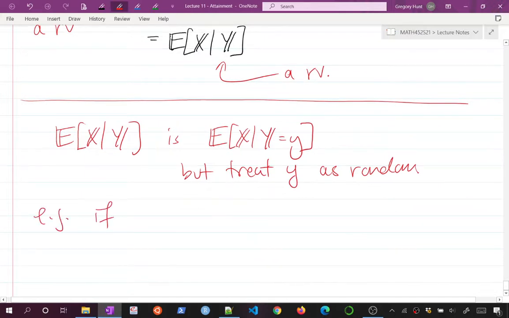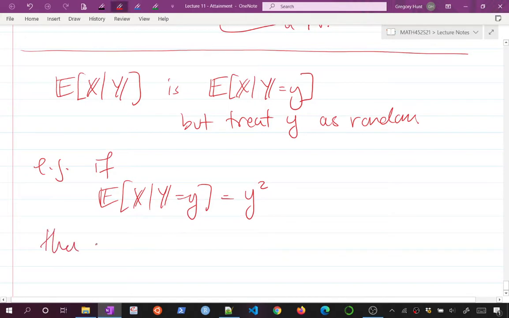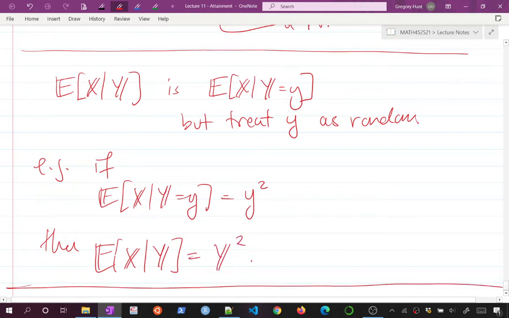E.g., if expected value of X given Y is little y is y squared, then expected value of X given capital Y is capital Y squared. That's all it is, but you just have to remember that the first version is a number, and the second version is a random variable.